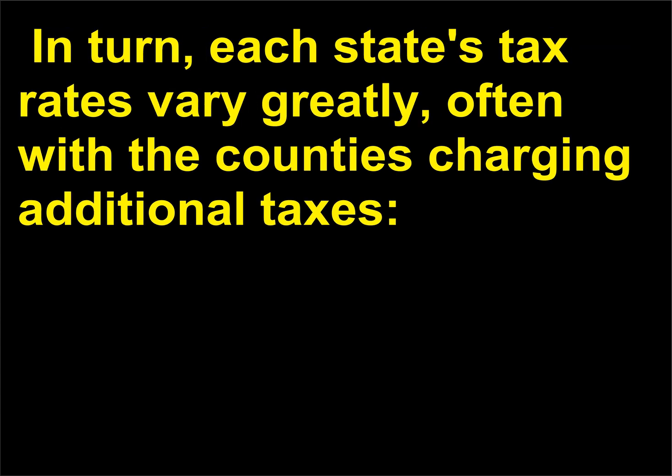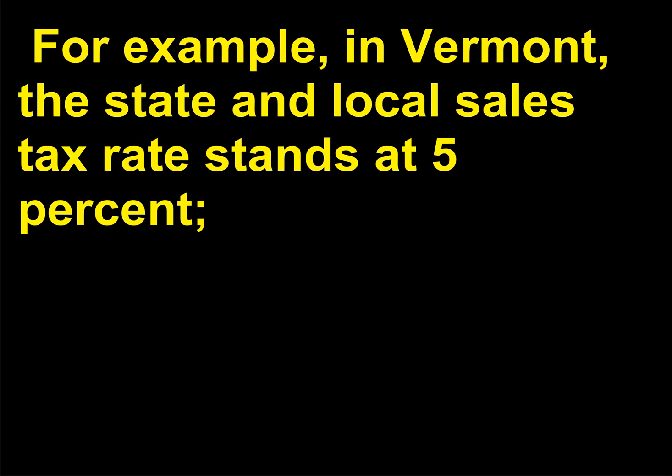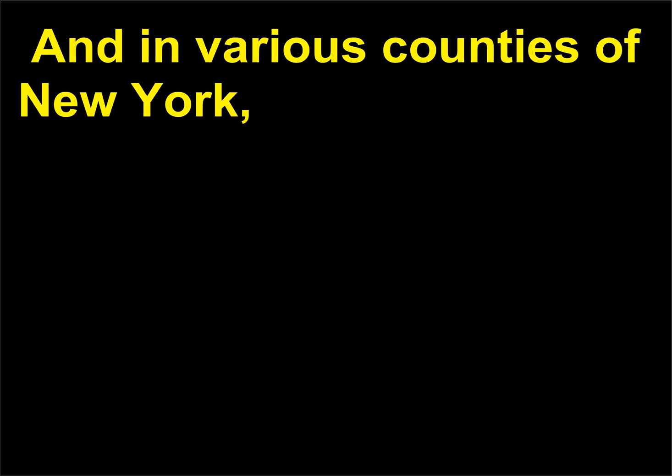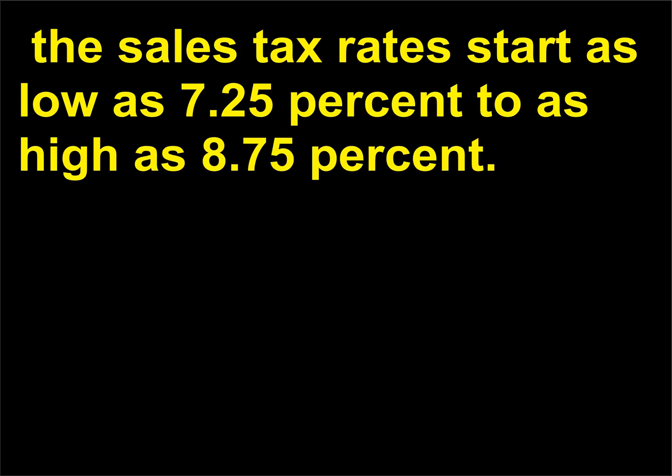In turn, each state's tax rates vary greatly, often with the counties charging additional taxes. For example, in Vermont, the state and local sales tax rate stands at 5%. Florida has a state sales tax rate of 6%. And in various counties of New York, the sales tax rates start as low as 7.25% and go as high as 8.75%.